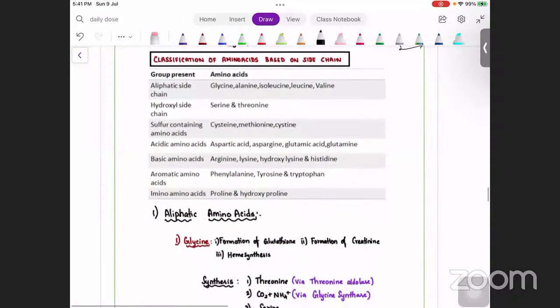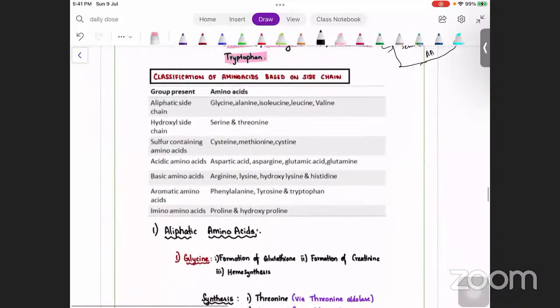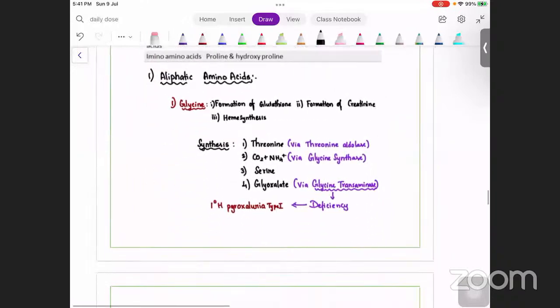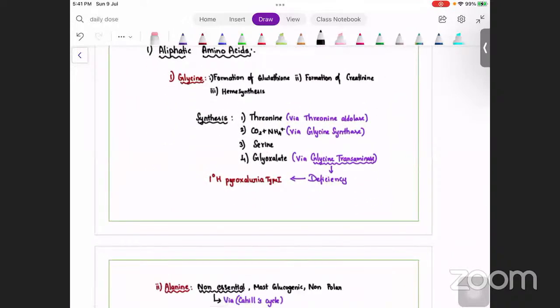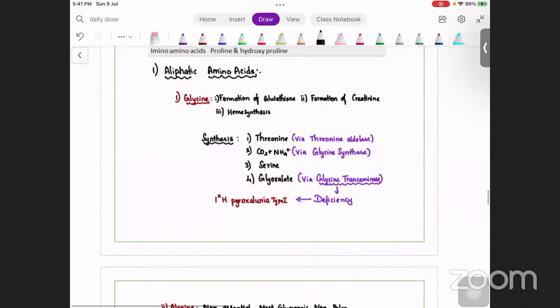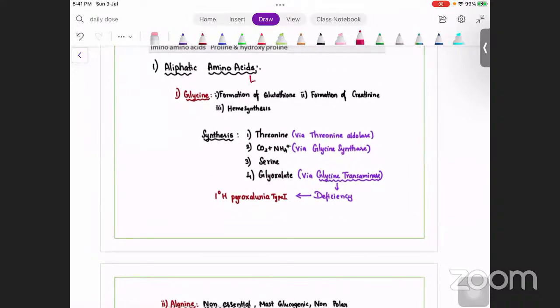Then, we classify the amino acids based upon the side chain. So first one is your aliphatic amino acids. Speaking about the aliphatic amino acids, I used to remember them with the mnemonic: I love very attractive girls.